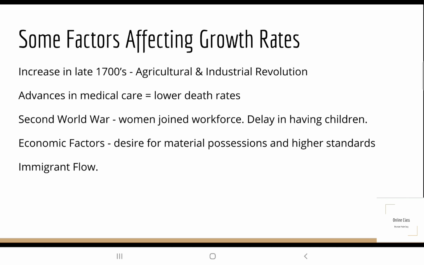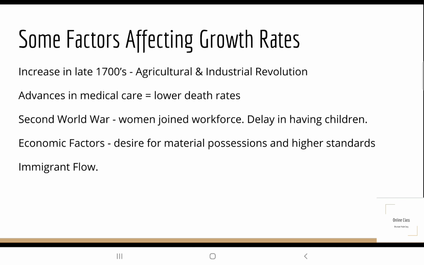We've just mentioned briefly that advances in medical care lead to lower death rates. The Second World War is another factor which affected growth rates. Women joined the workforce because during the Second World War, the majority of men were in the army and were not at home. So in Europe, and definitely in the UK, women joined the workforce. Then there was a delay in them having children, and that affected the population growth rate.